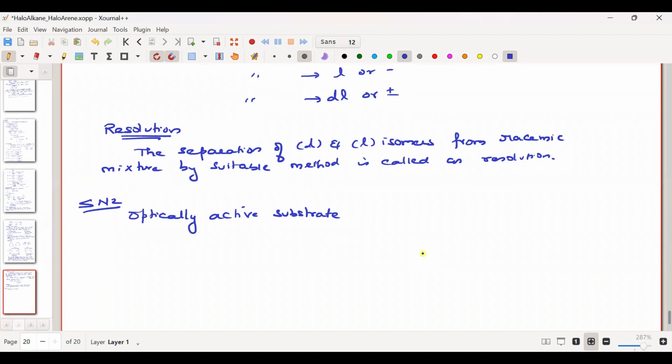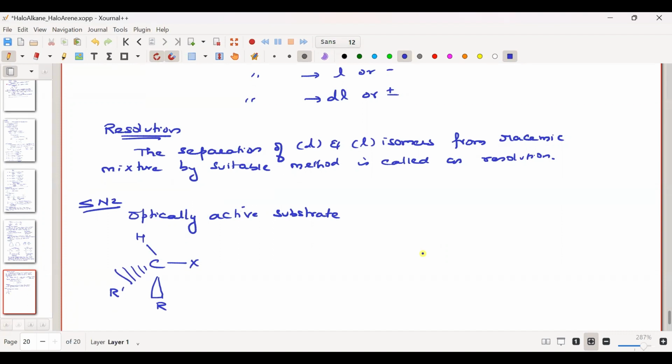Let's say I have carbon, I have my halogen X, then I have my hydrogen, an alkyl group R, and another alkyl group R dash. Is this a chiral carbon? Yes.